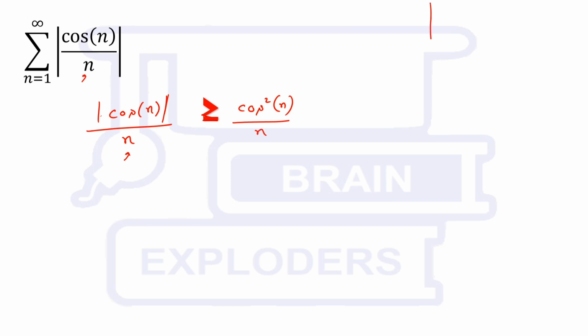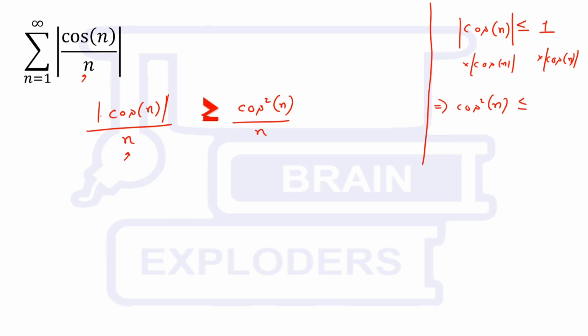Since we know that the value of cos n lies between minus 1 and 1, mod of cos n will be less than or equal to 1. Now if we multiply by mod of cos n both sides, it gives us the result that cos square n is less than or equal to mod cos n, and this is how we have written this.